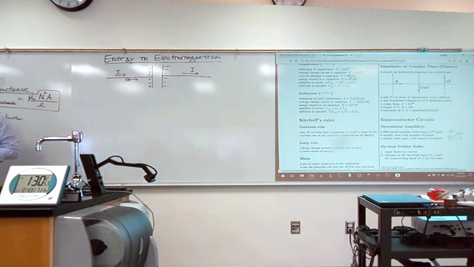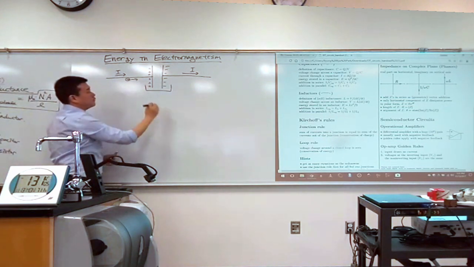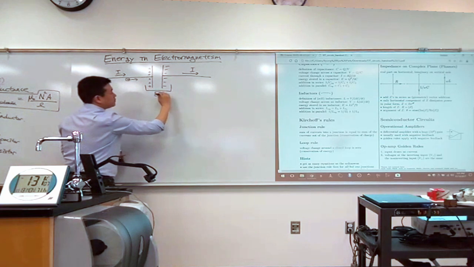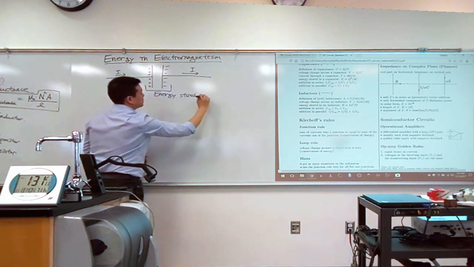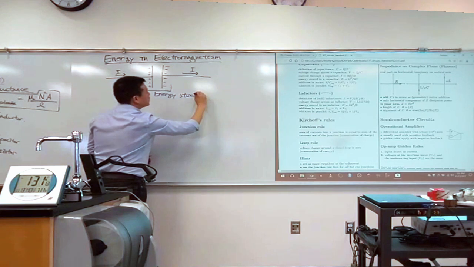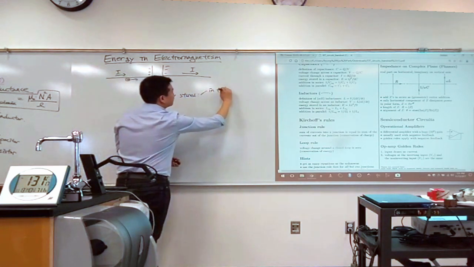So what you have is that as this plate charges up positively, this plate charges up negatively, right? And what we looked at last time is the energy stored here. You can look at it two different ways. You can look at it in terms of voltage.